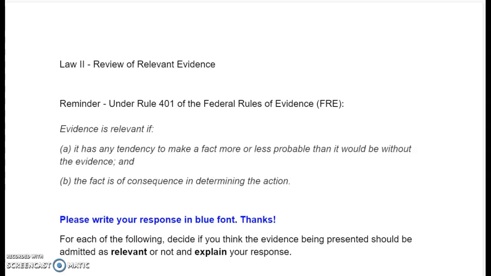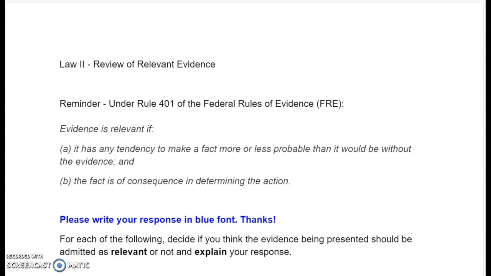If the answer is no, if it doesn't fall under this Rule 401, tending to make a fact more or less probable, or it's of consequence in determining the action, then it is not admissible. We can stop our analysis right there. It's not admissible. If the evidence is relevant, then we go on to make sure that it doesn't fit into any other categories that would render it inadmissible.